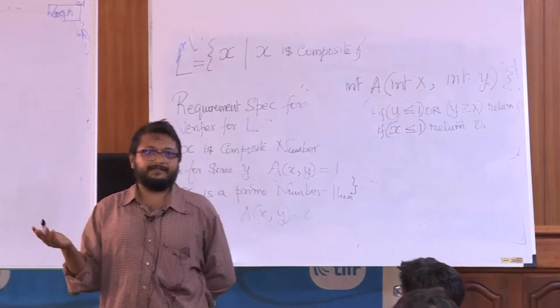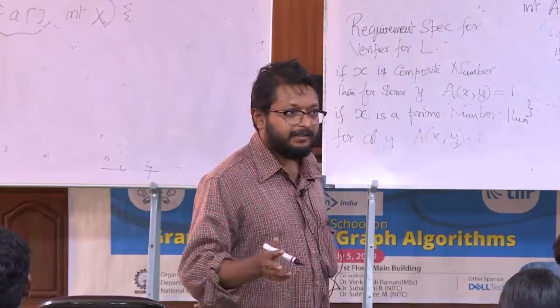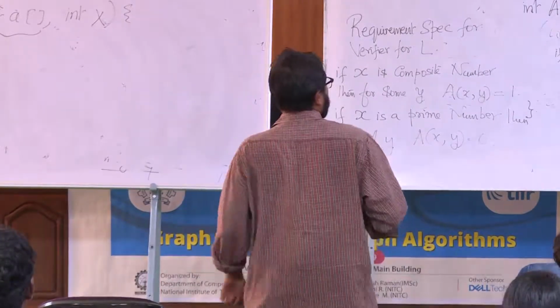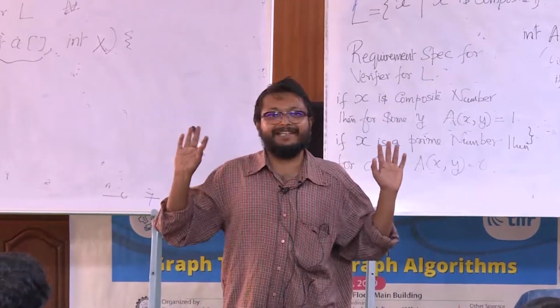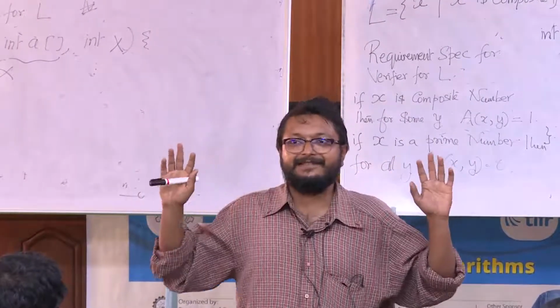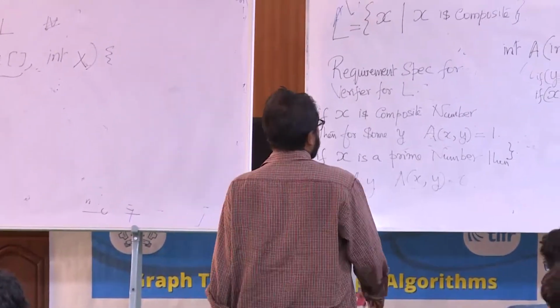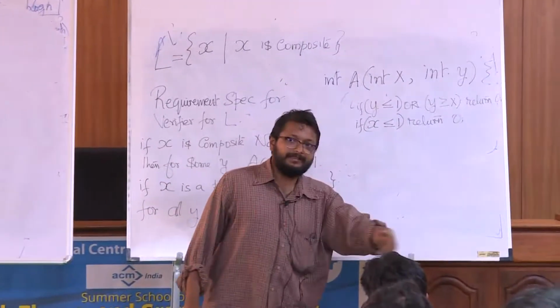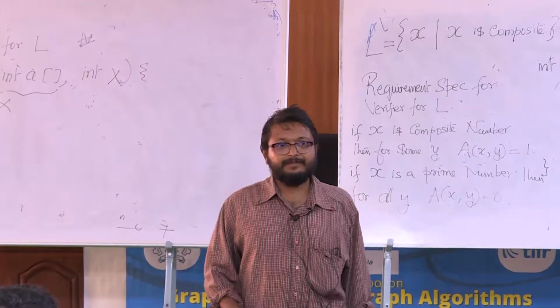If x is less than or equal to 1, I return 0, because I don't have to return composite. I'm only considering numbers which are greater than 1. So if something else is given, you return 0. It's not composite. Now what should I do?